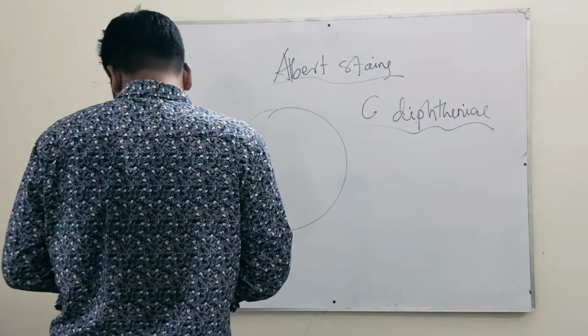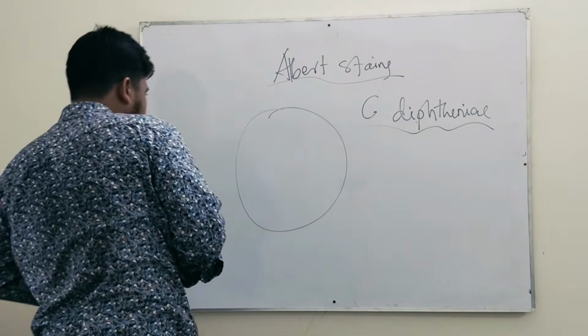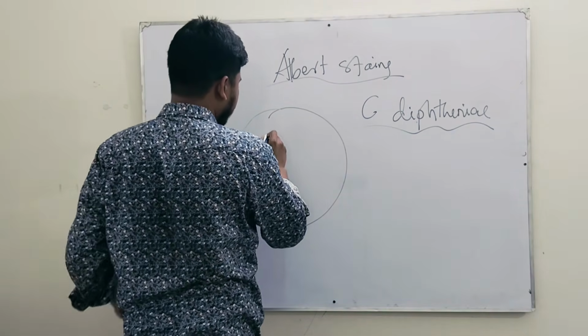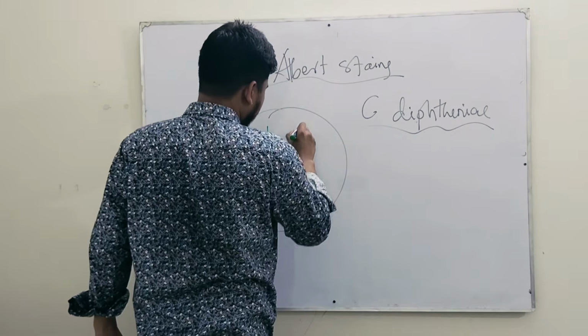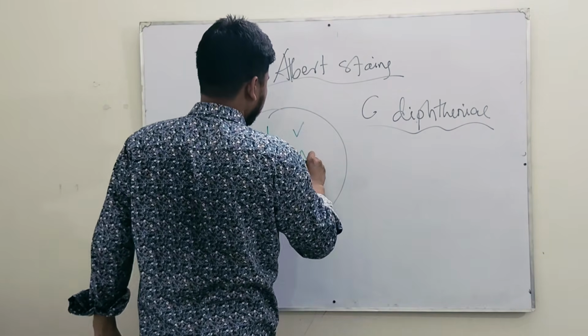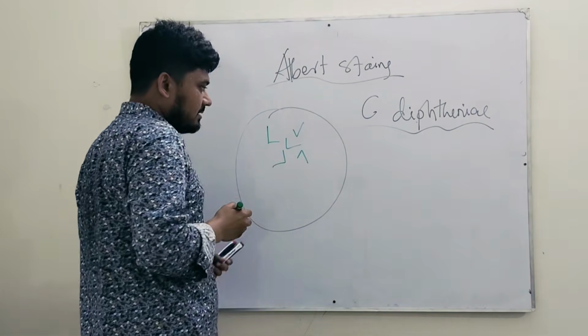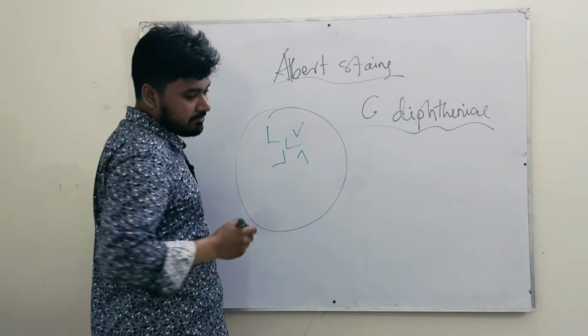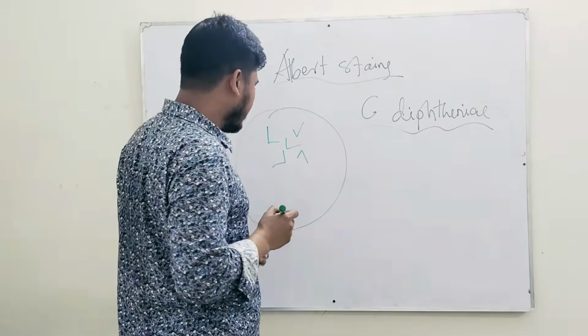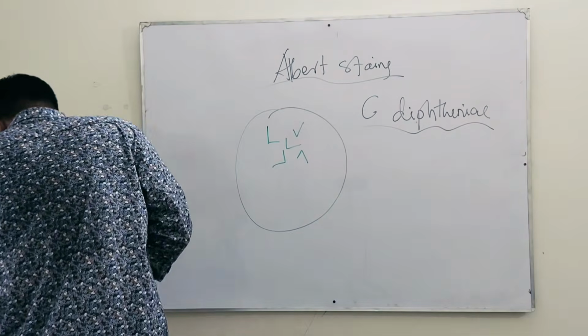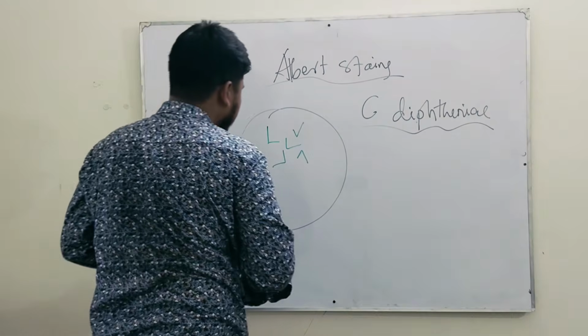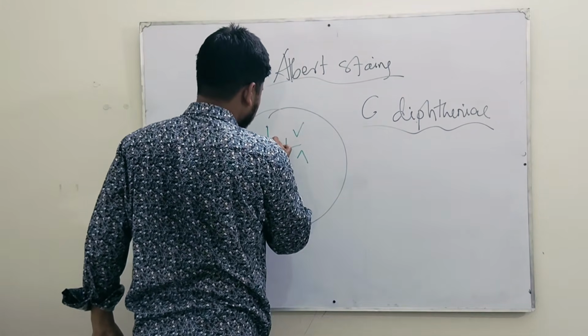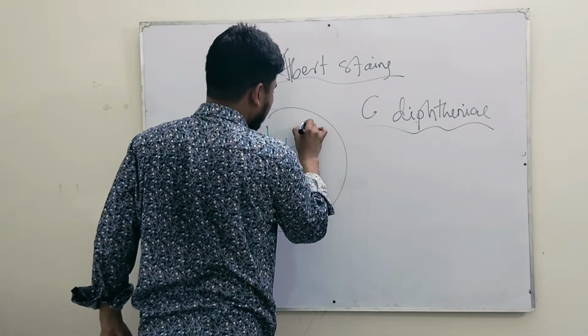On Albert stain, these Corynebacterium diphtheriae are V and L shaped, deep green bacilli with bluish black metachromatic granules.